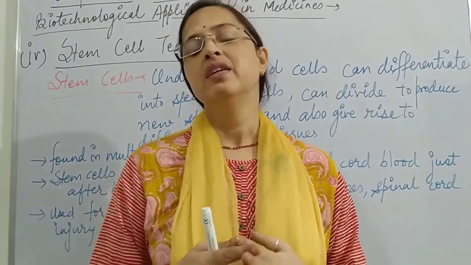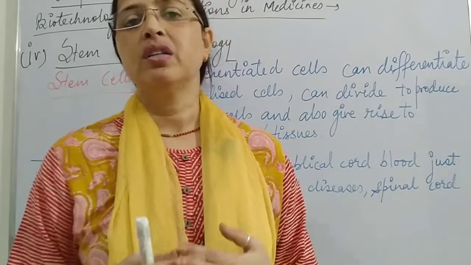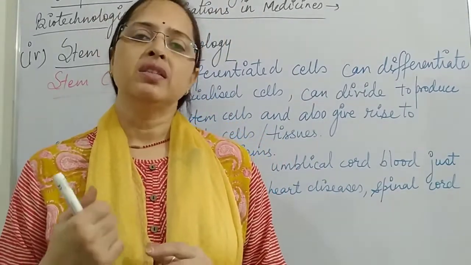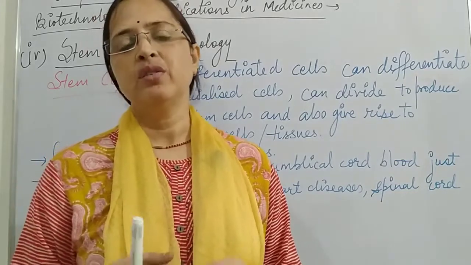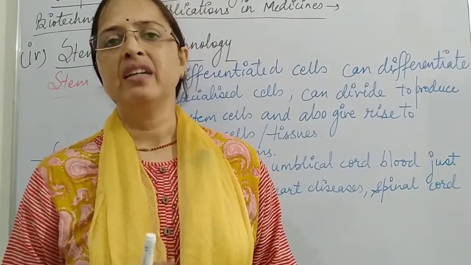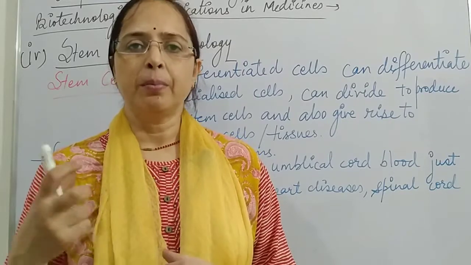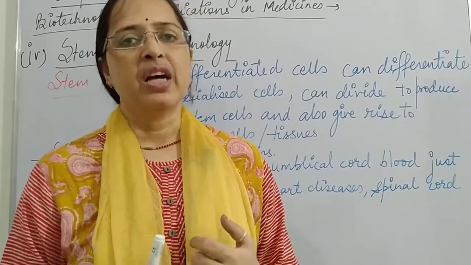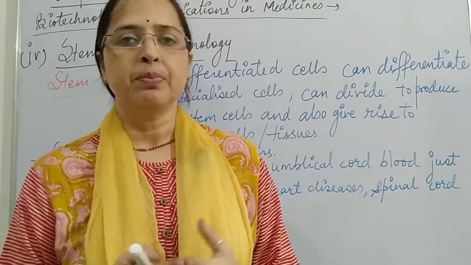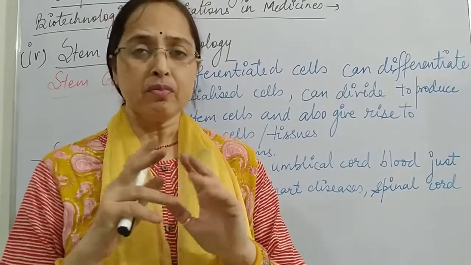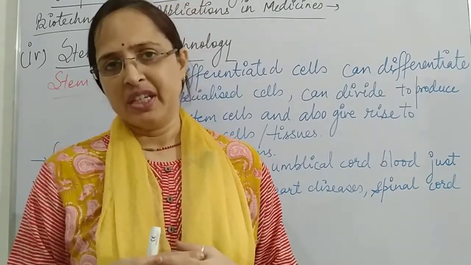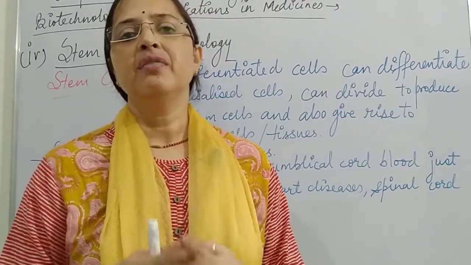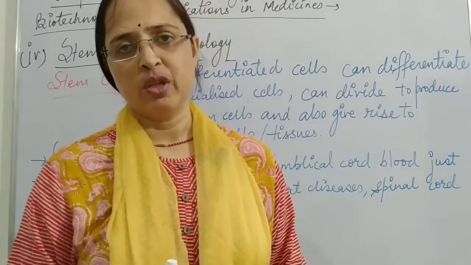As we studied earlier, when organ transplantation is done, immunosuppressants are given to the patient so that the immune system does not reject the transplanted organ, that is, does not go for graft rejection. To avoid this condition, we have stem cell technology.